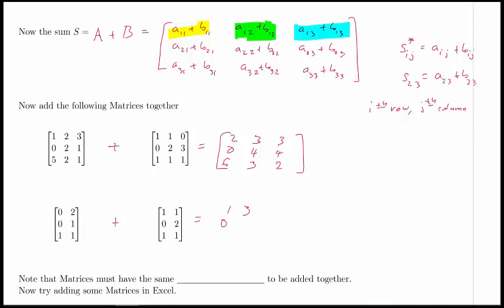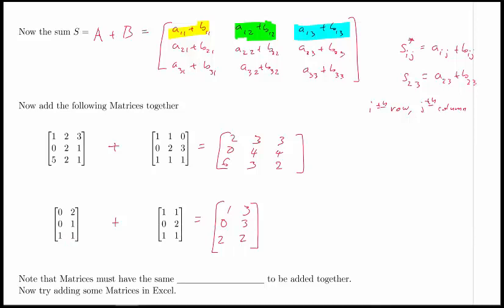Oh, need to make that a little bit longer. There we are. We have 1 and 2. That's 3. 1 and 1 for 2. And then we have 1 and 1 again for 2 once more. And that's it. That's the sum of our matrix, right?